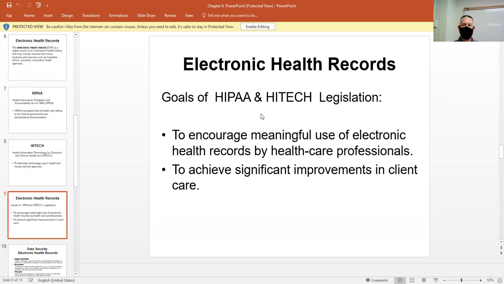The two that we just talked about had legislation that went together, to encourage meaningful use of electronic health records by healthcare professionals, all inclusive, as we said, and to achieve significant improvements in client care through technology. That's what it's all about.